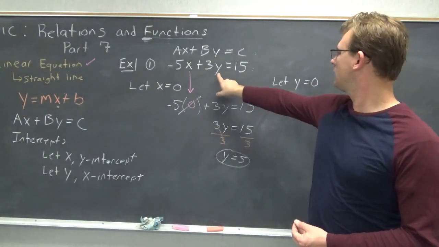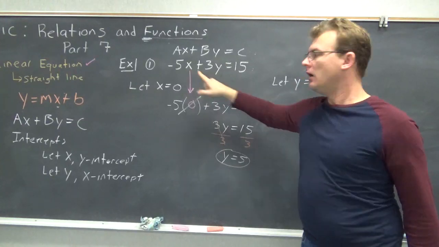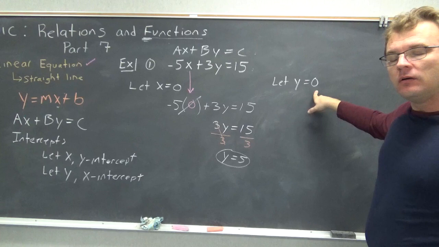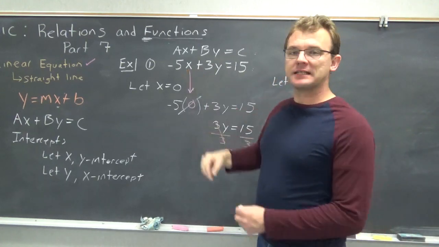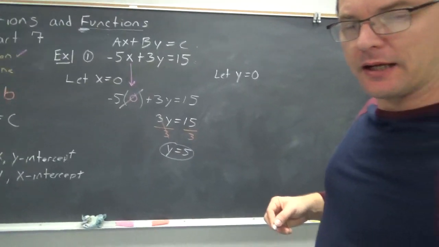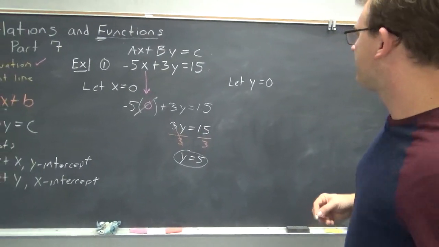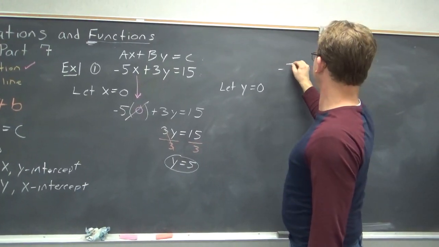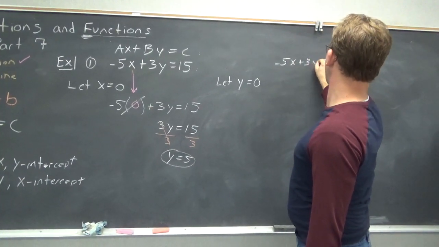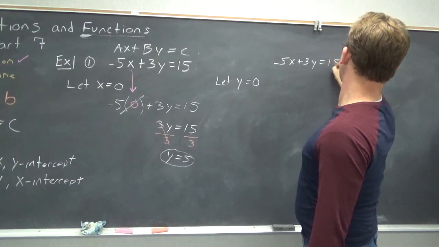We're solving for x now. So -5x plus 3y equals 15.